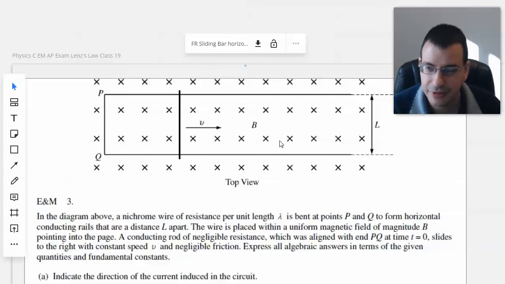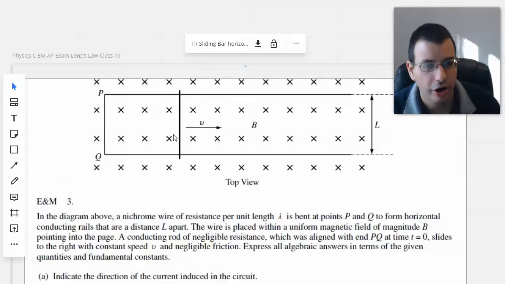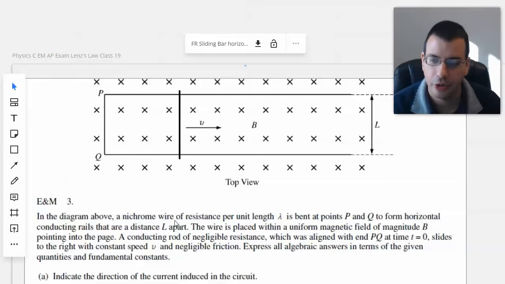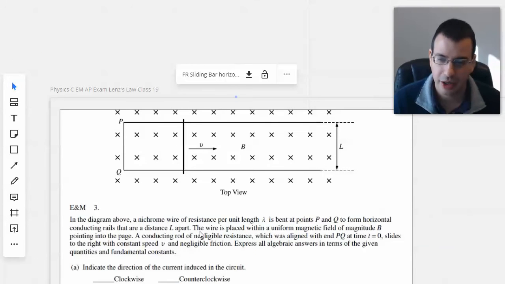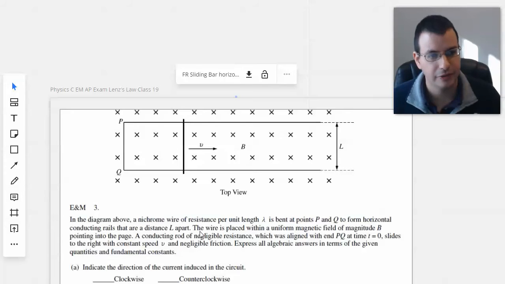But this is different. Instead of putting an electrical current through the wires, they are using some sort of external force to pull this bar at a constant velocity. And that pulling of the bar is going to create the current. So instead of creating motion from electricity, they're creating electricity from motion.